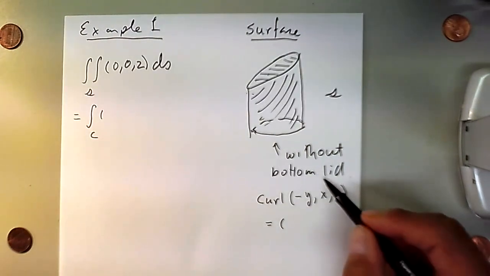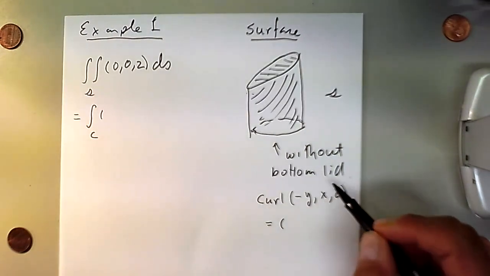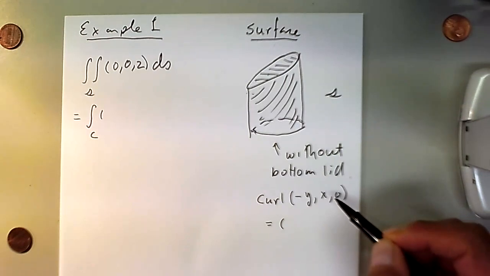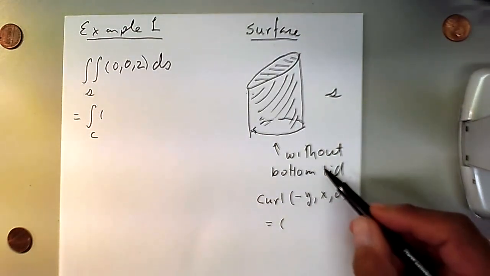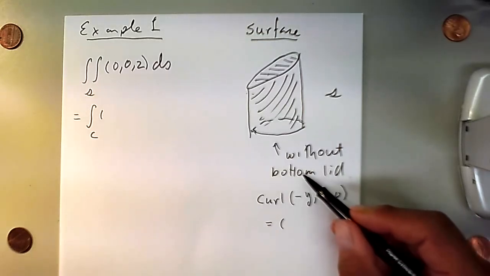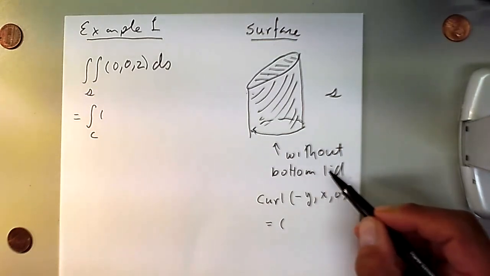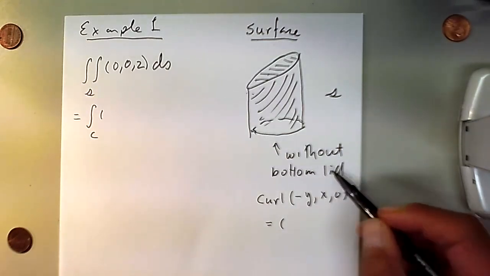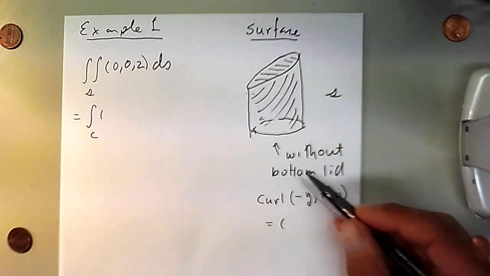Remember, the curl is the cross product of the gradient and the vector field itself. The gradient would be the derivative with respect to x, derivative with respect to y, derivative with respect to z, crossed with this as an operator.